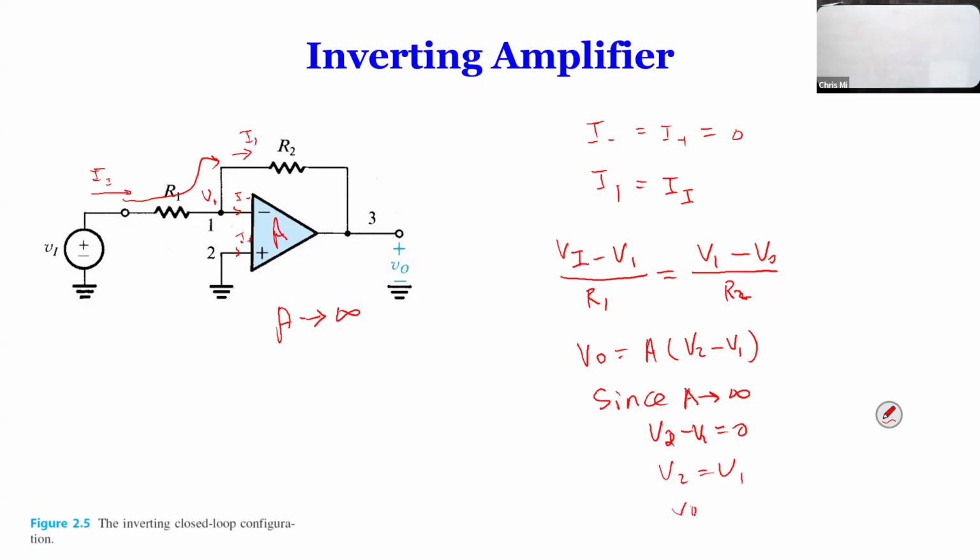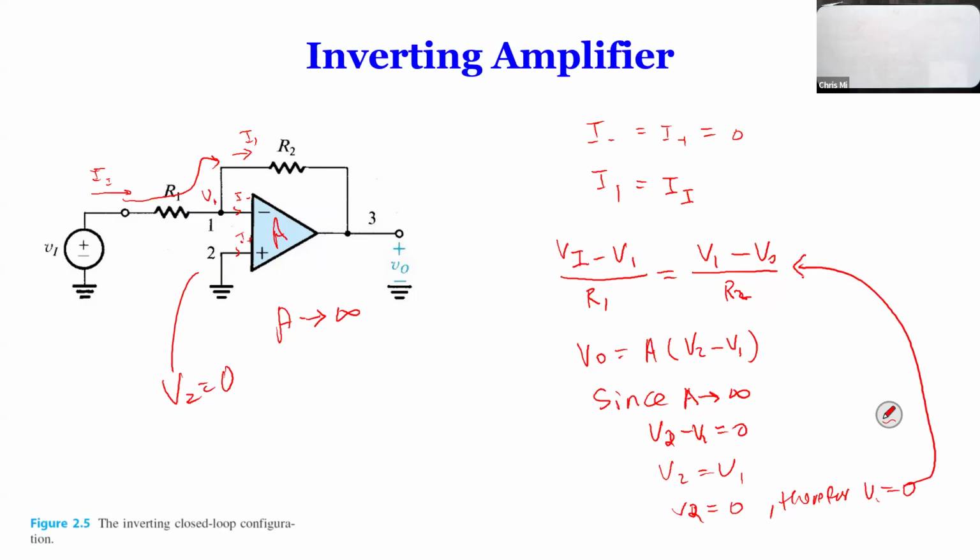But we know that V2 is 0. V2 is grounded. Therefore, V1 equals 0.